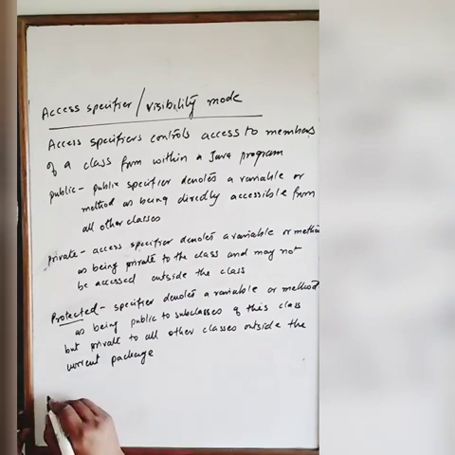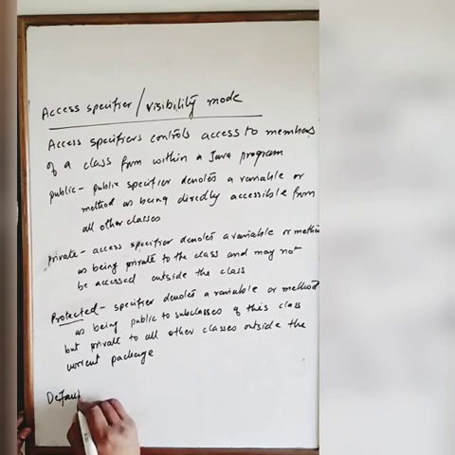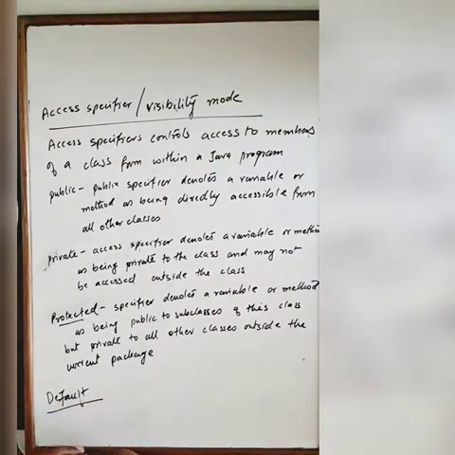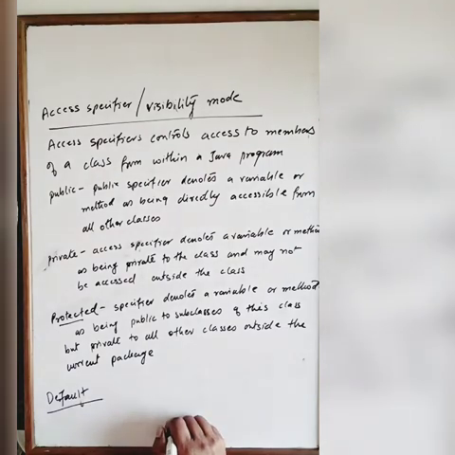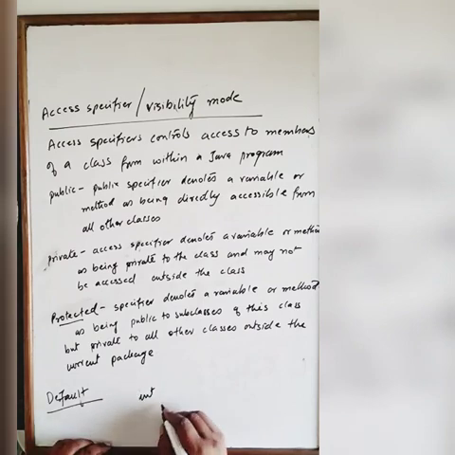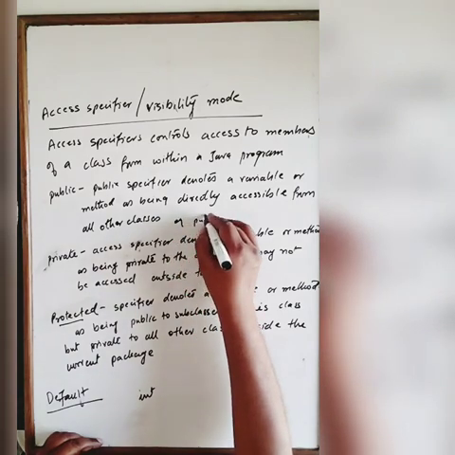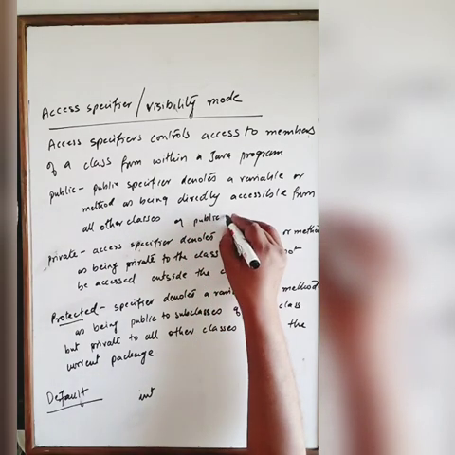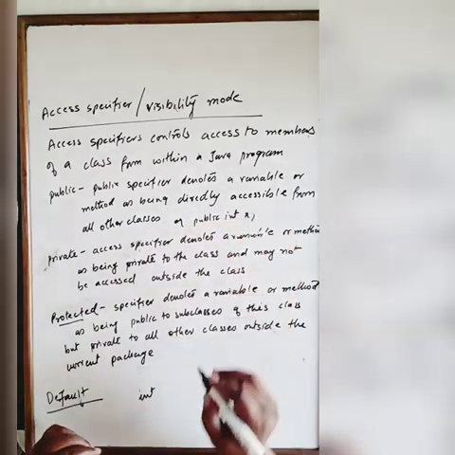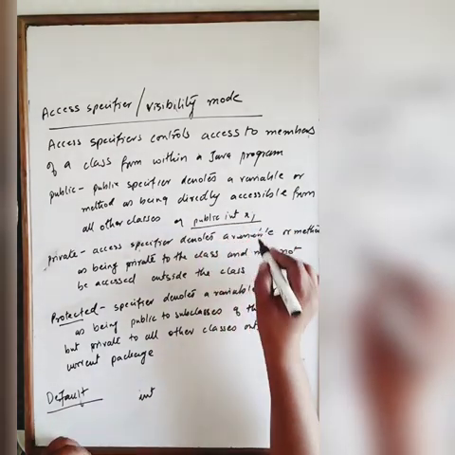And one more, you have the default, which you don't write anywhere. Suppose you are not writing anything, simply you have written like this, so this goes to default. If you want to write public, you write public int x. This is the example.